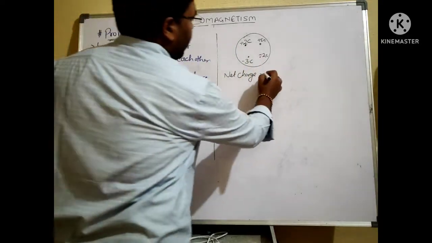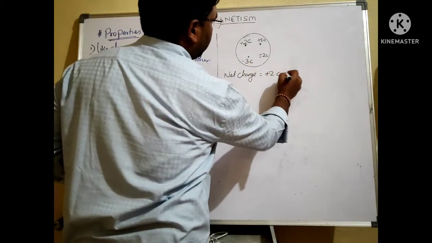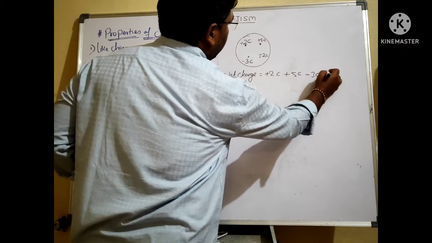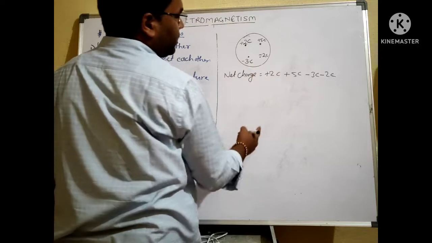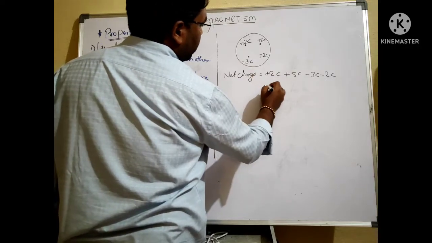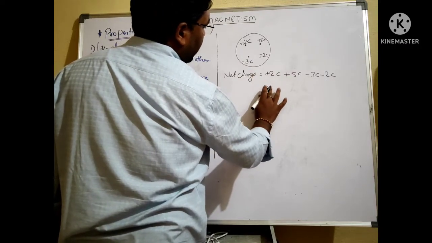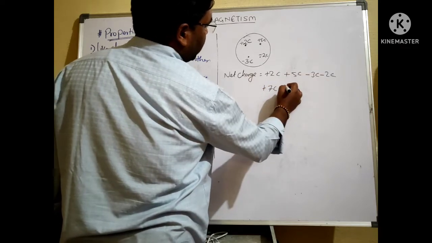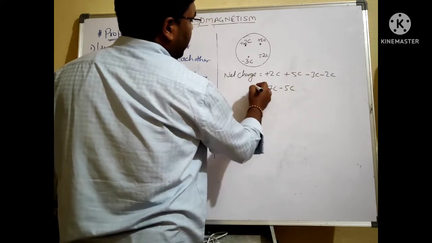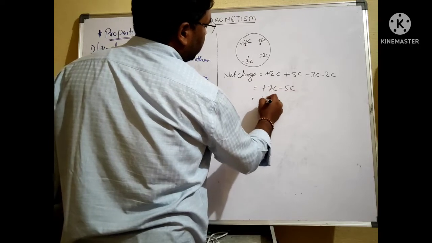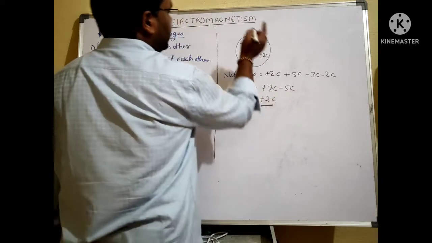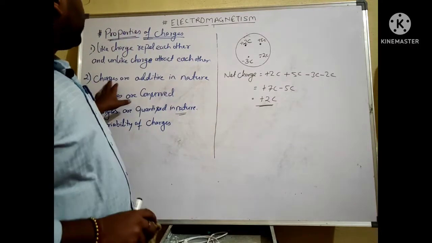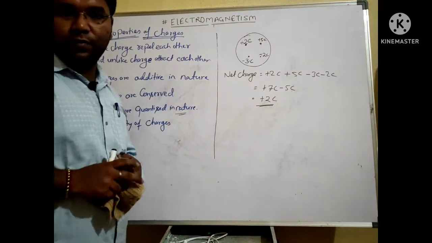Plus 2 coulomb, plus 5 coulomb, minus 3 coulomb, minus 2 coulomb. Plus 2 plus 5 becomes plus 7 coulomb, whereas this becomes minus 5 coulomb. The net charge becomes plus 2 coulomb on this object. So we understood this: charges are additive in nature.